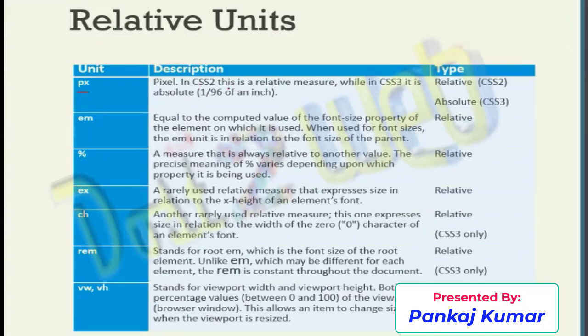In CSS2 this is the relative measurement, and in CSS3 it is absolute, 1 by 96 of an inch. If you want to use it in CSS3, there is something called em, equal to the computed value of the font size property. You can use em and see what result you are getting.